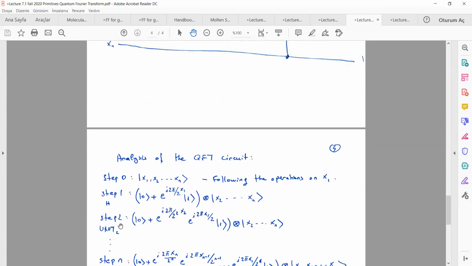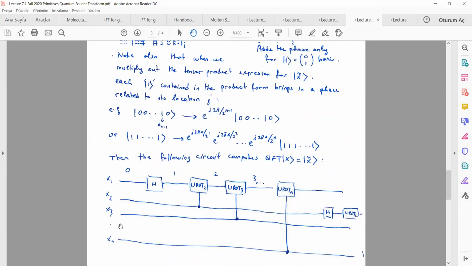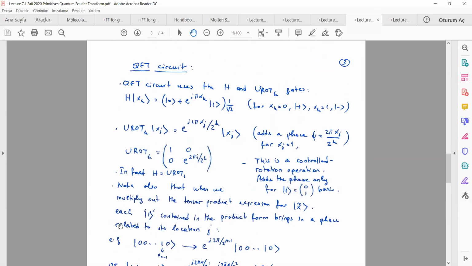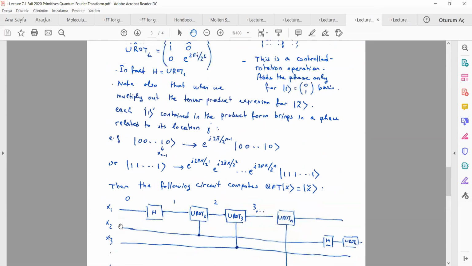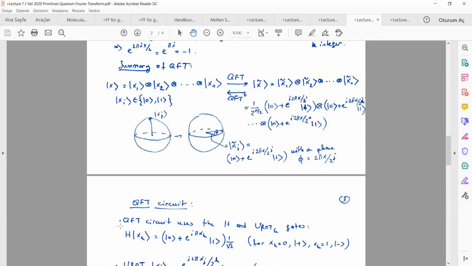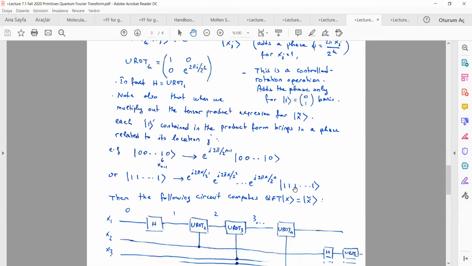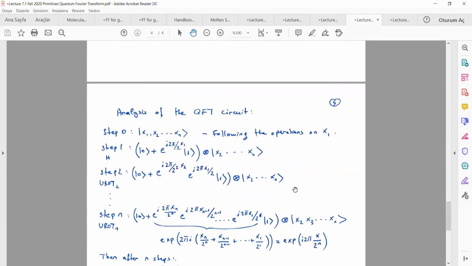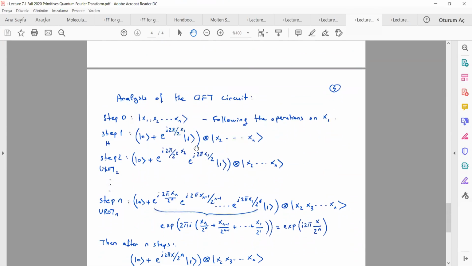So let's analyze this more formally. It is not difficult to see that this circuit now represents this quantum Fourier transform expression. But let's see it a little more formally, with a step-by-step analysis. In step 0, we start with the quantum state x sub 1, x sub 2, up to x sub n.